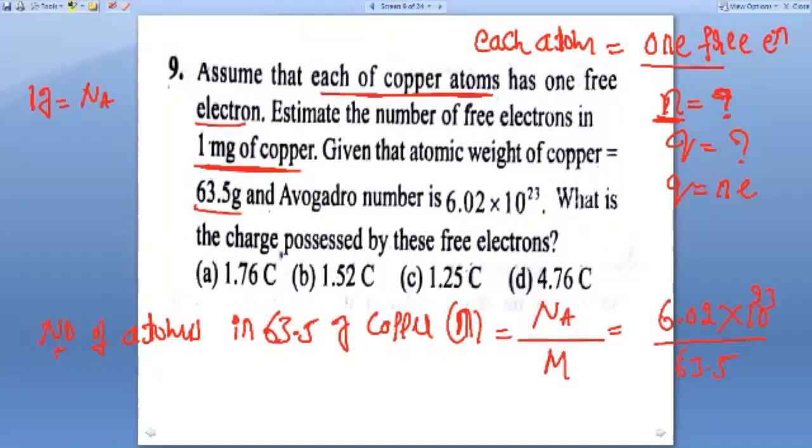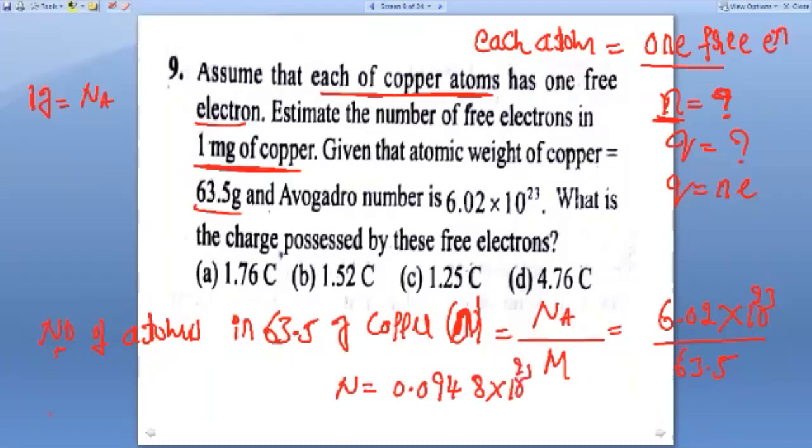Now estimate the number of free electrons in 1 mg. You have to calculate for 1 mg. The answer for N is 0.0948 into 10 to the power of 23.